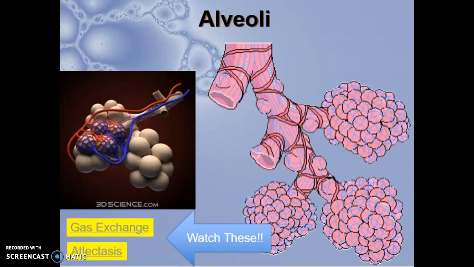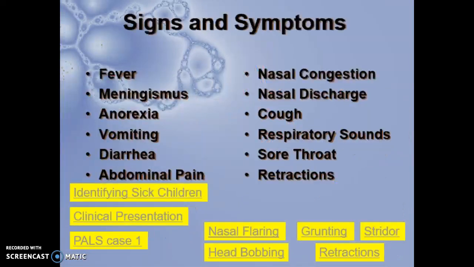If you have a gas exchange issue, signs and symptoms are going to include fever, meningismus, which means stiff neck and headaches, so those signs and symptoms of meningitis, anorexia, vomiting, diarrhea, abdominal pain, nasal congestion, discharge, cough, respiratory sounds.